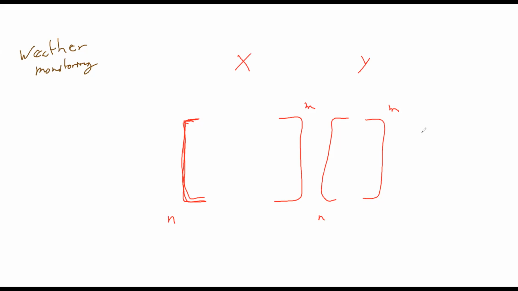Okay, so 4 labels then, it sounds. 4 classes. It wants to predict if it's snow, rain, cloudy, and sunny. Okay, that's good. That's 4 classes, 4 labels.